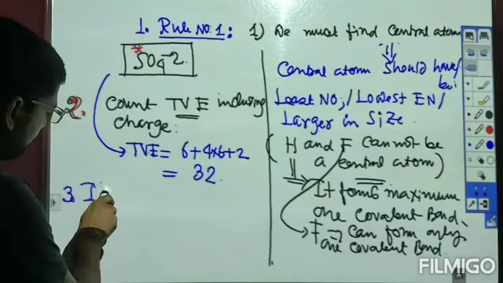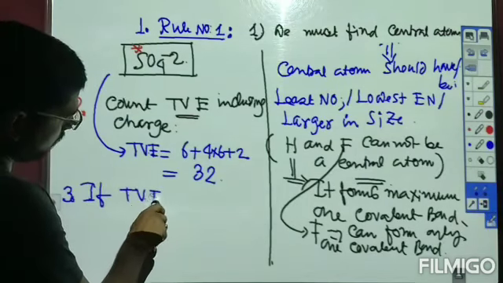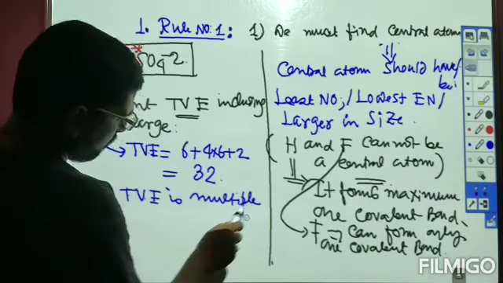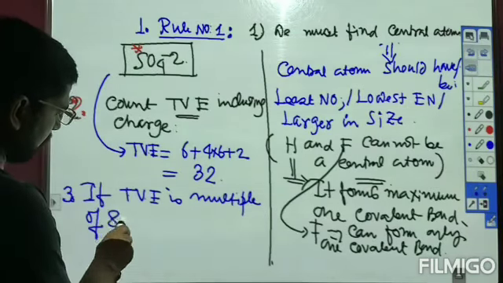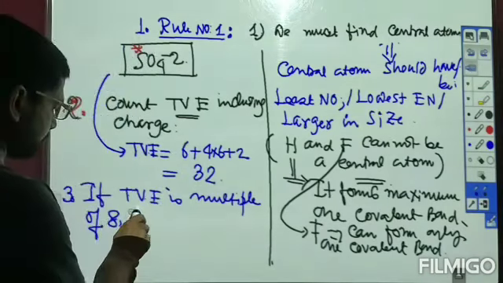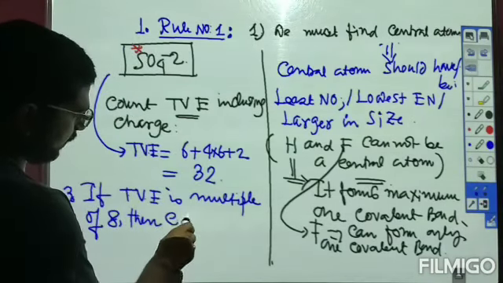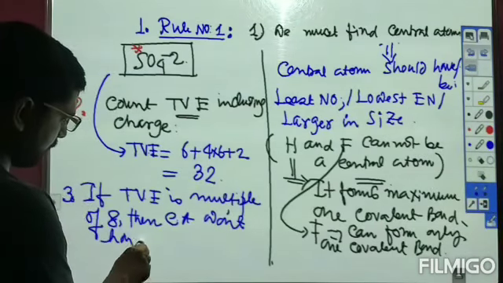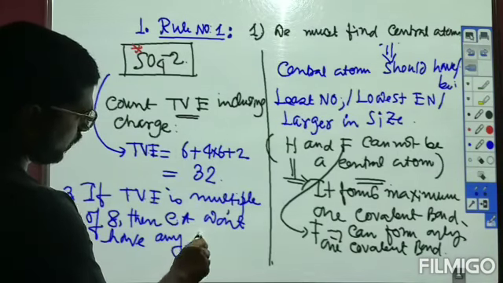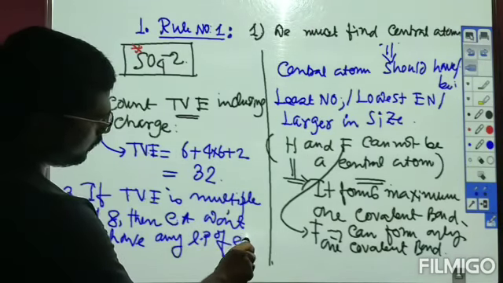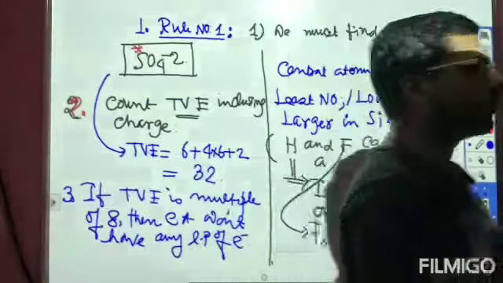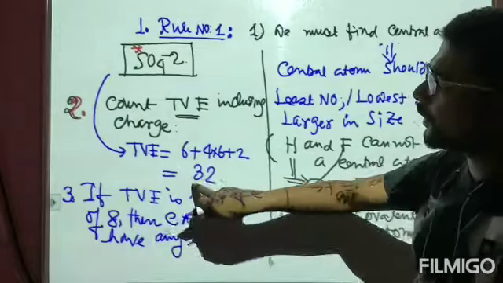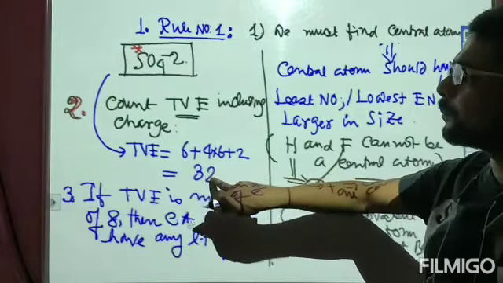Now rule 3. If the total valence electron count is a multiple of 8, then the central atom won't have any lone pair of electrons.